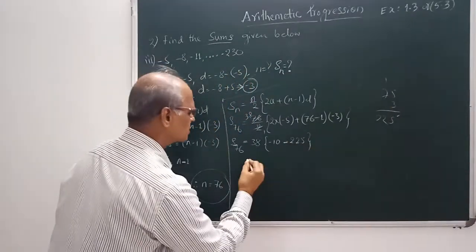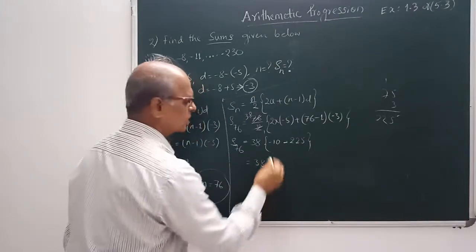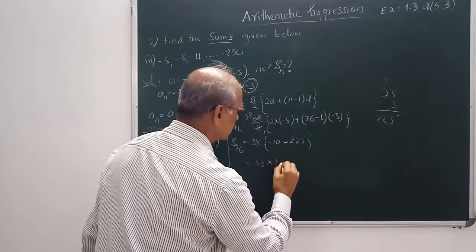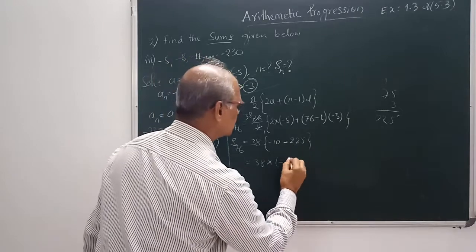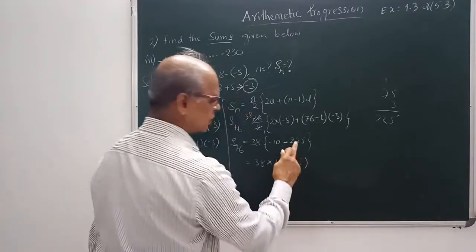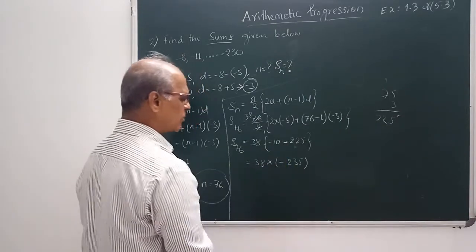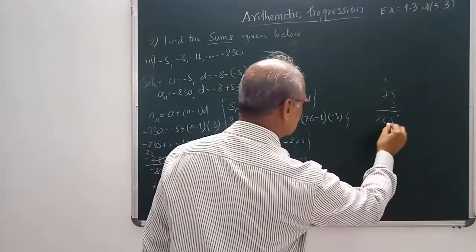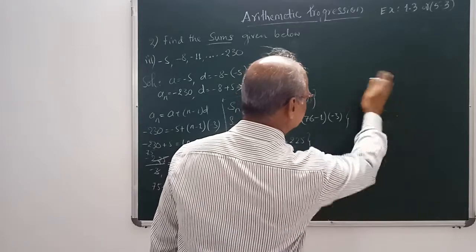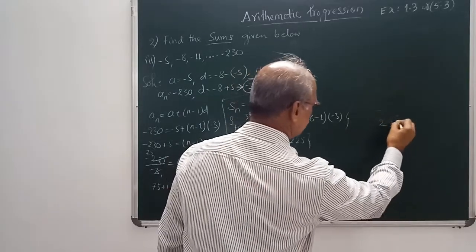Both are minus, add, into minus 235 again. Both are minus, add into minus. Now you have to multiply. That means it is 235 into 38.